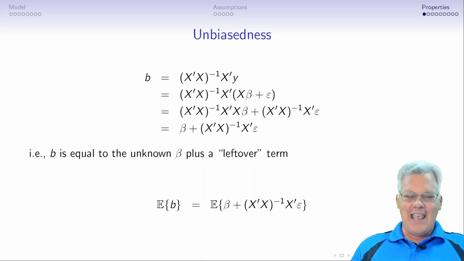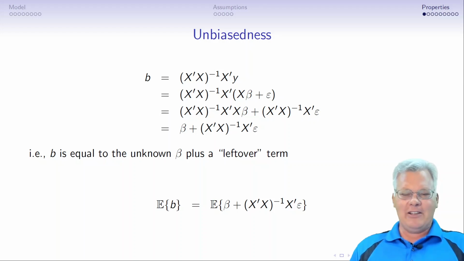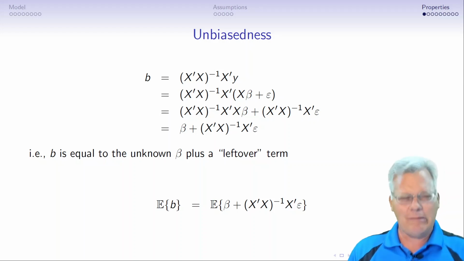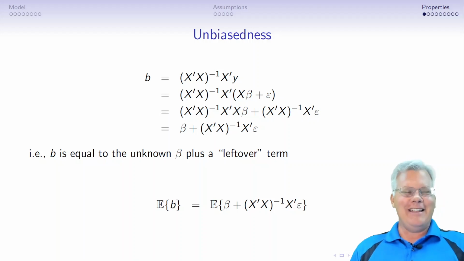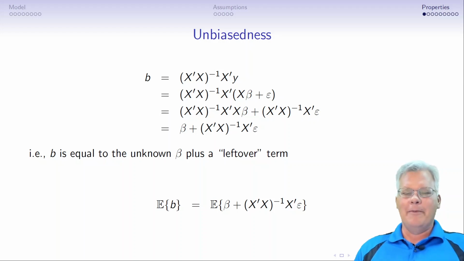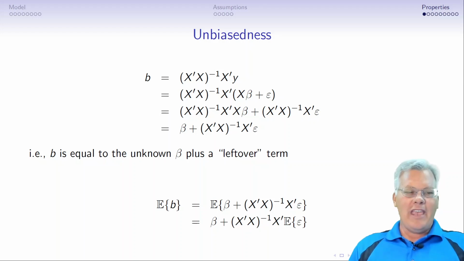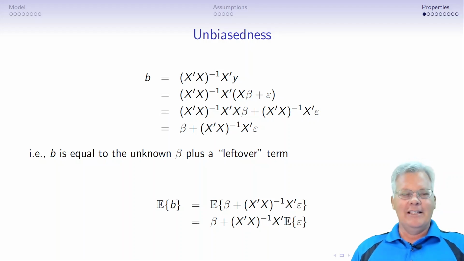So what I can say then is the expected value of B is equal to the expectation of this sum, right? Beta plus the junk term. Now, since beta is non-stochastic, the expectation of beta is beta.